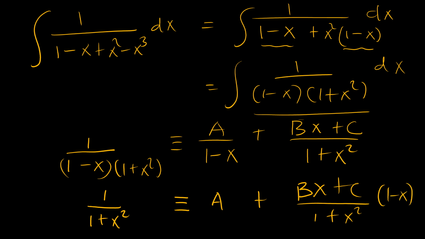If we assume x is 1, we definitely see that this part goes to 0, so this entire component goes to 0. And here it becomes 1 over 2. So in other words, a is a half.